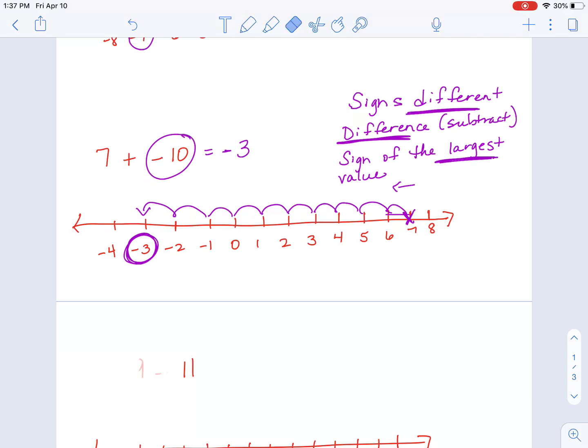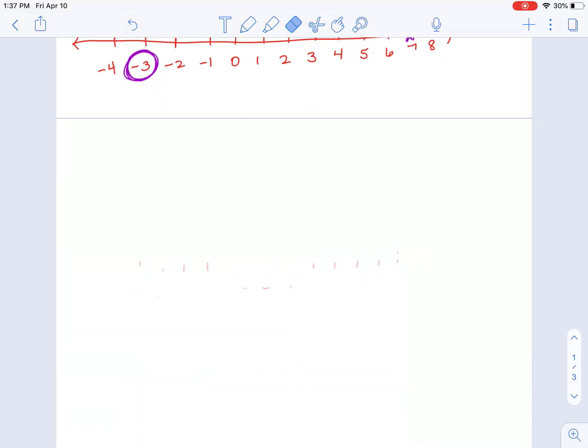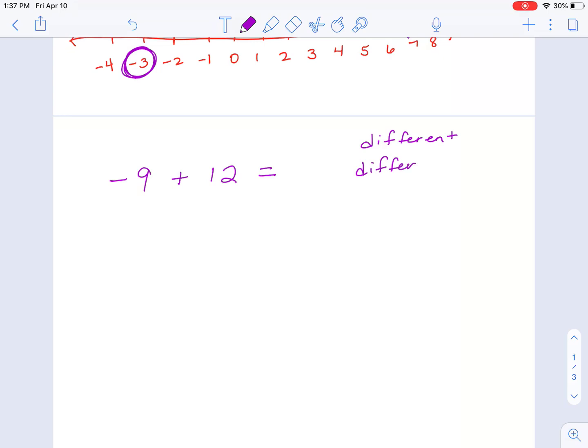Okay, we're going to look at some more examples. All right, so are my signs alike or are they different? They are different. One is a negative and one is a positive. When they are different, you find the difference. Difference means to subtract. So 12 minus 9 is 3.